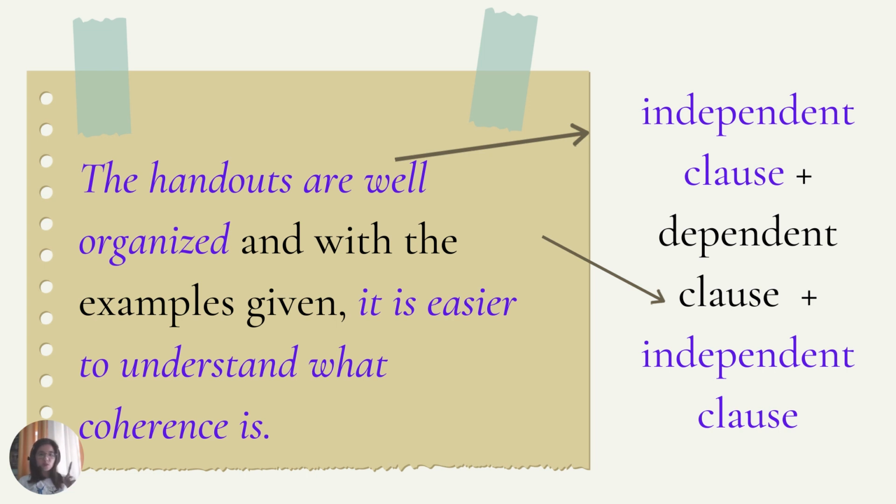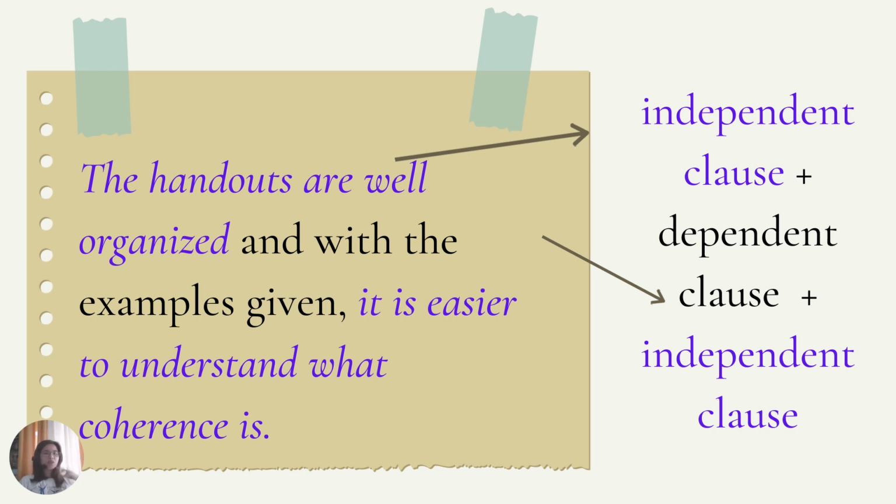So we cannot use the coordinating conjunction and here. And another thing, remember, and is not enough. We need to put a comma before fanboys. So what's wrong is the placement of the clauses. The writer used a coordinating conjunction to join one independent clause and one dependent clause.